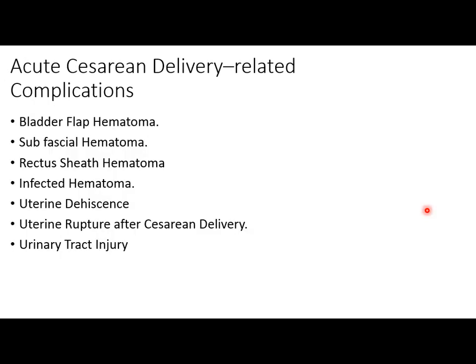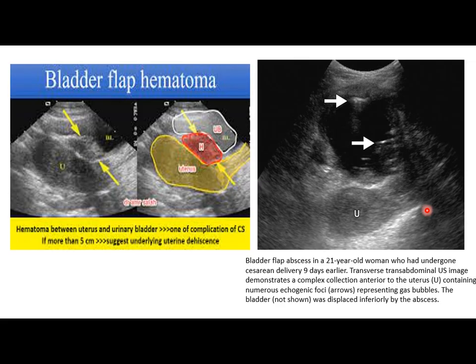We have acute and chronic complications related to the cesarean section, not to the postpartum state as a whole. First, bladder flap hematoma. In a cesarean section, there is laparotomy and hysterotomy, so any complication related to both of them can occur.